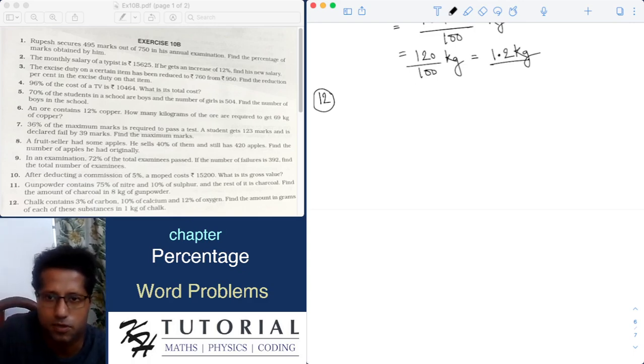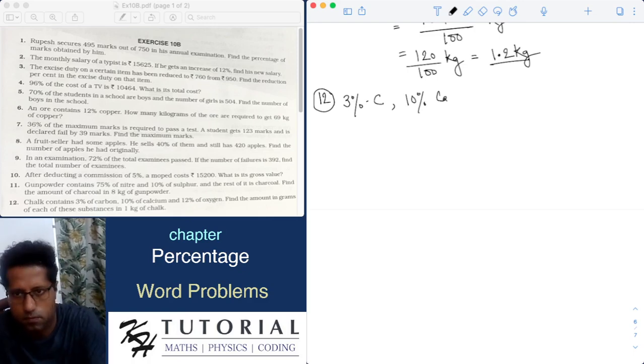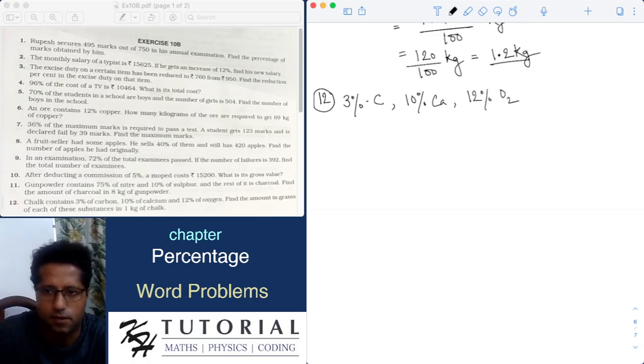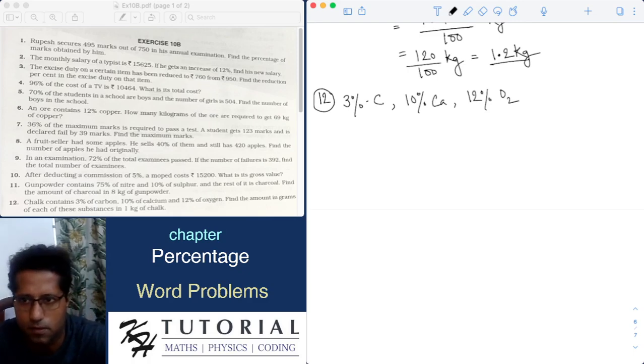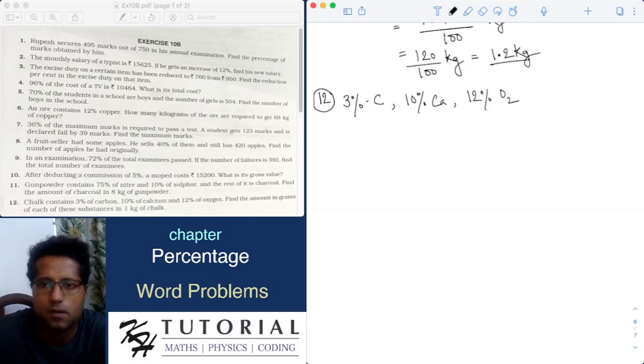Okay, so it is given that 3% carbon is there, 10% calcium is there, and 12% oxygen is there. O2 is the symbol of oxygen, gas oxygen.